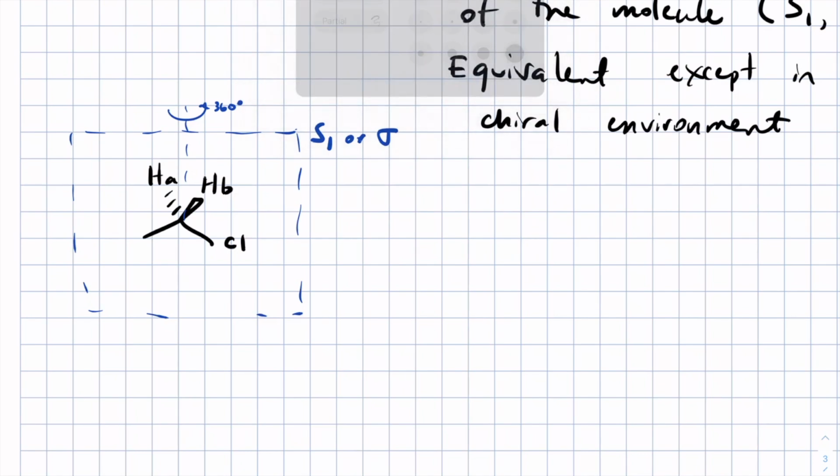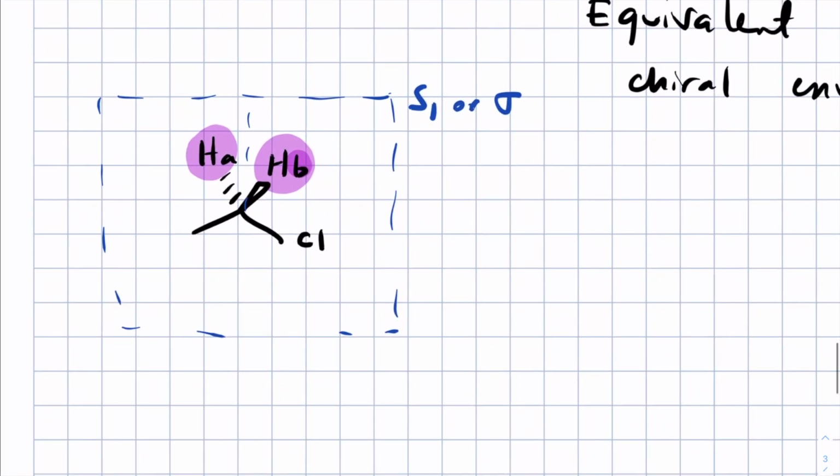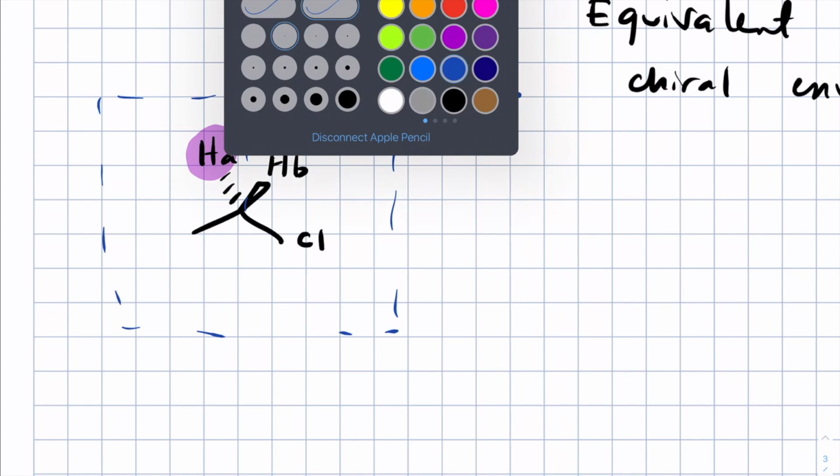The mirror plane causes HB and HA to be identical to each other. You see that? One is just the reflection of the other if our mirror plane is the page. These are enantiotopic, meaning they're going to be equal to each other unless you're in a chiral environment.